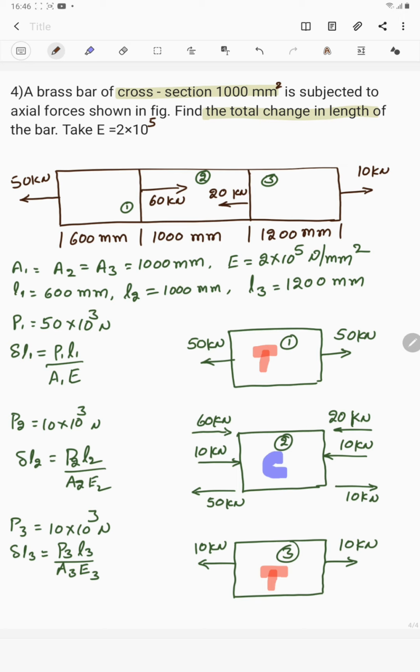Therefore, total change in length delta L equal to delta L1 minus delta L2 plus delta L3, because with respect to section 2, contraction is happening due to compressive load. So this resultant value is around 0.305 millimeters. You simplify with your calculator, you will get the same answer.